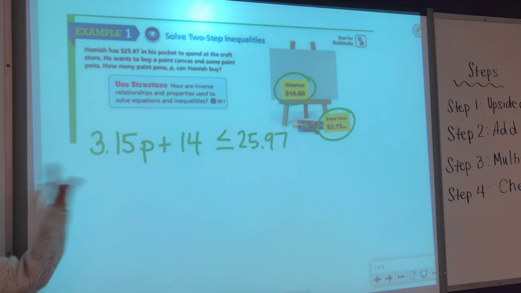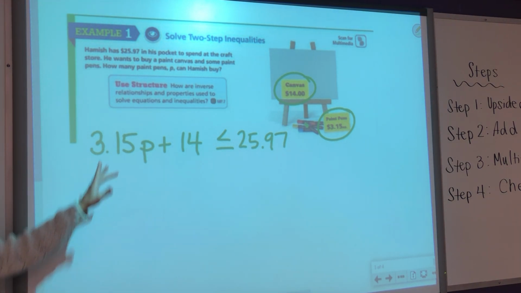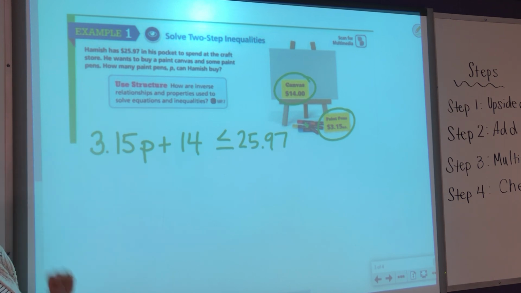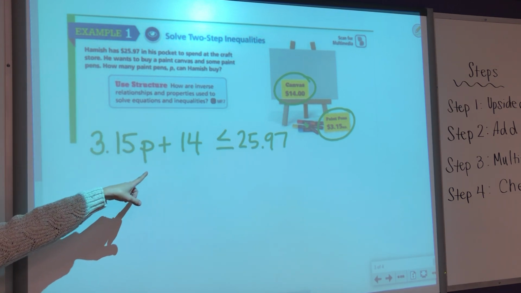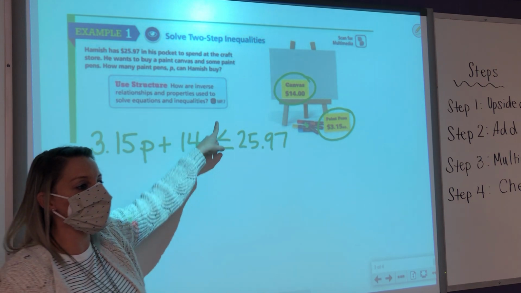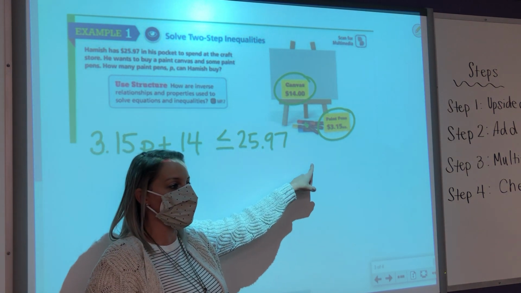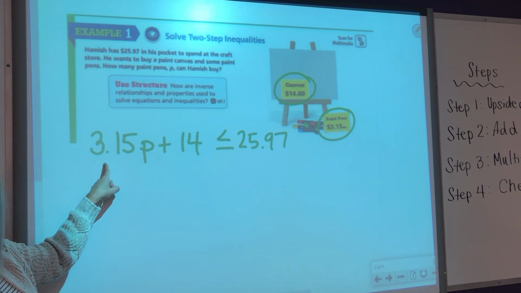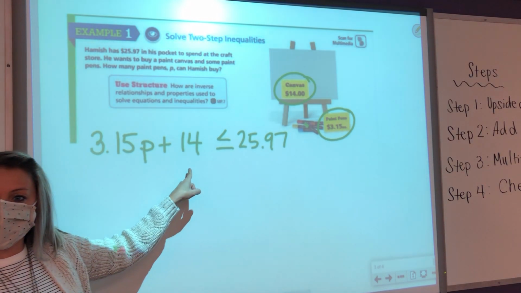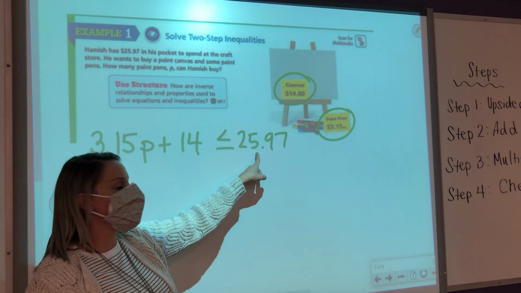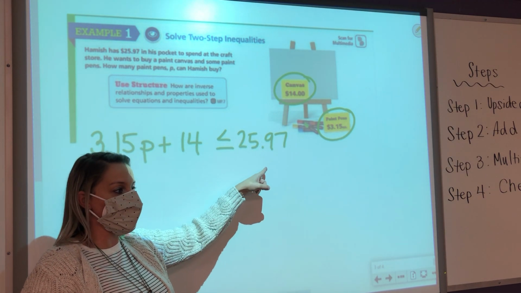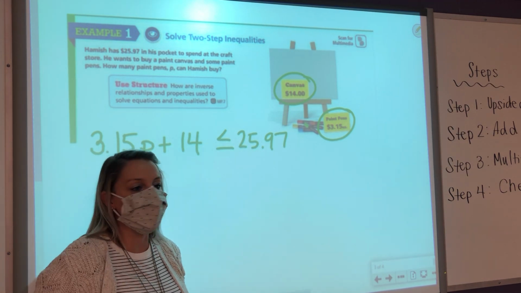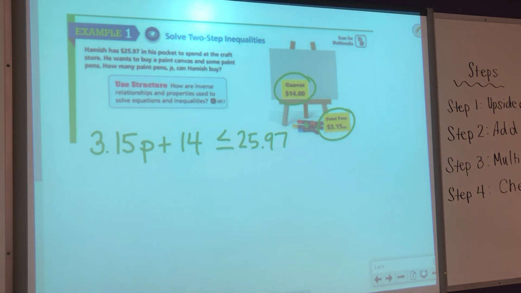So we modeled our inequality from our problem: $3.15 P plus 14 is less than or equal to $25.97. Each paint pen is $3.15. One canvas is 14. And we can spend $25.97. That's all we have in our pocket. We can't go over that. So that's where our less than or equal to symbol comes in.